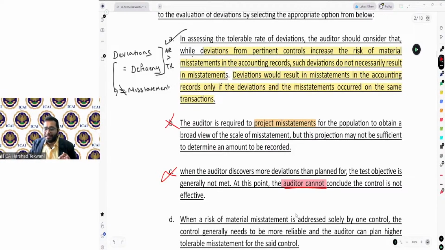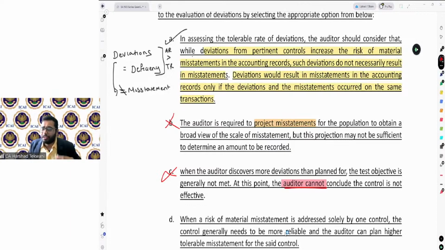When a risk of material misstatement is addressed only by one control, the control generally needs to be more reliable. That is fine. That is true. And the auditor can plan higher tolerable misstatement for the control. That is incorrect. If I am relying on a particular control on a higher side, I need more assurance, more evidence from that control.